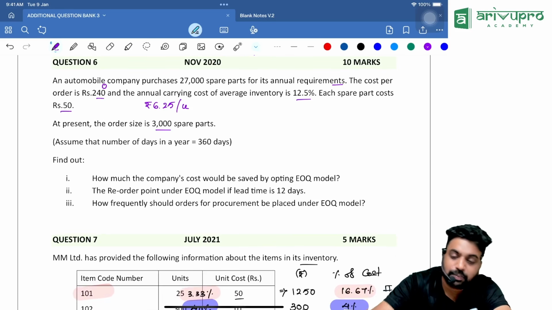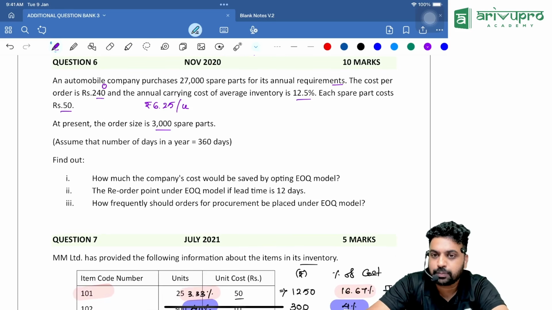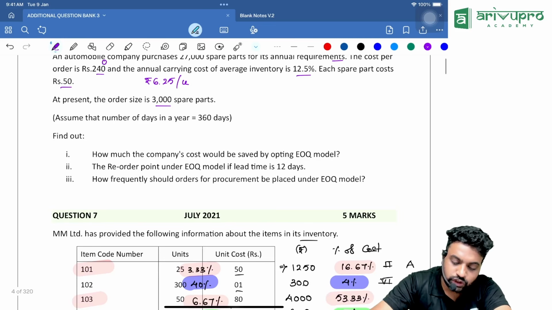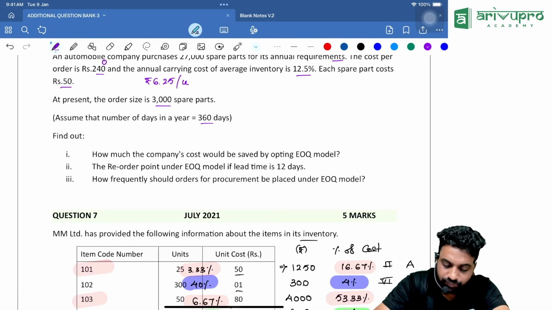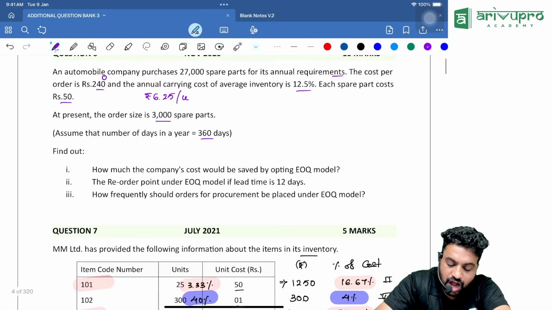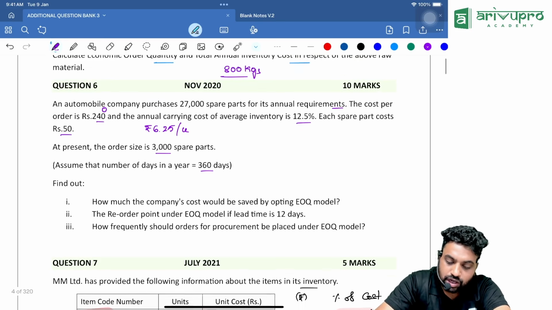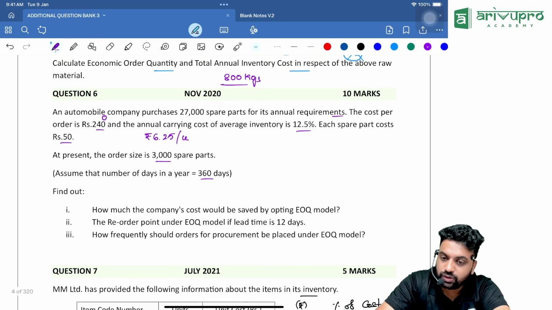At present, we are placing order for 3000 spare parts. Assume number of days as 360. How much company's cost would be saved by opting to EOQ? They are not even asking you EOQ. They are directly asking you to compare the total cost. So, for that, of course, we have to compute EOQ.